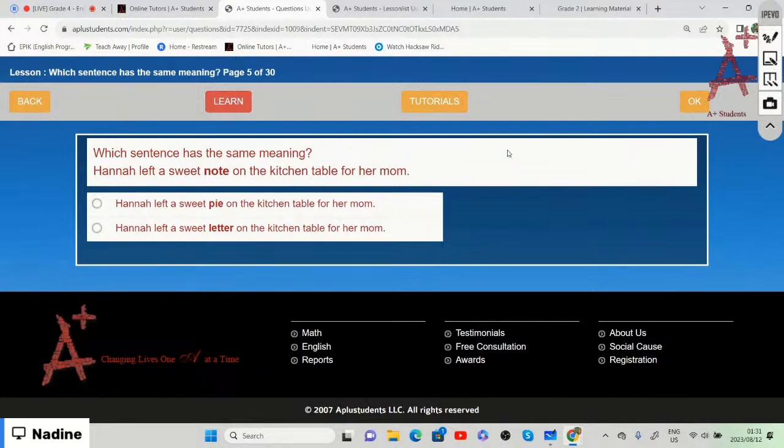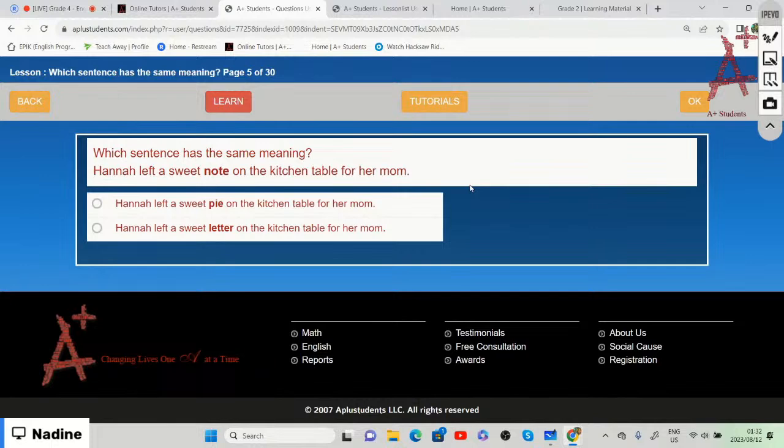Hannah left a sweet note on the kitchen table for her mom. We need to find a word or sentence with the word that is similar in meaning to note. Is it Hannah left a sweet pie on the kitchen table for her mom? Or Hannah left a sweet letter on the kitchen table for her mom?